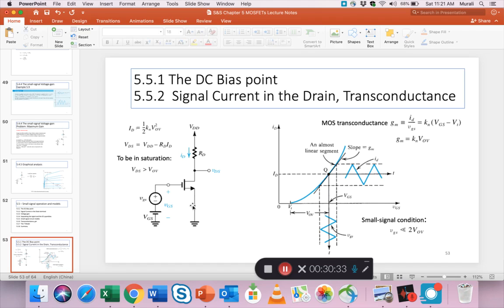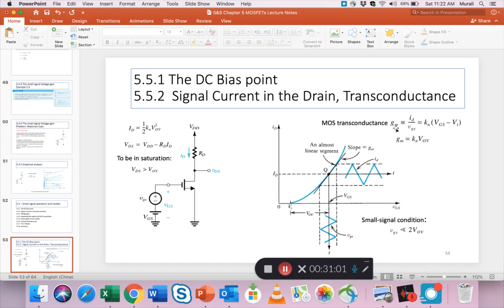So that's useful if you're using graphical methods, but a better definition of transconductance is, for a given VGS, right, for a given VGS here, at the Q point, what is the output current? The output signal current, not the total current, not the total ID, I capital D, no, I small d. So the ratio of small i_d over small v_gs, that means this signal, that ratio is called the MOS transconductance.